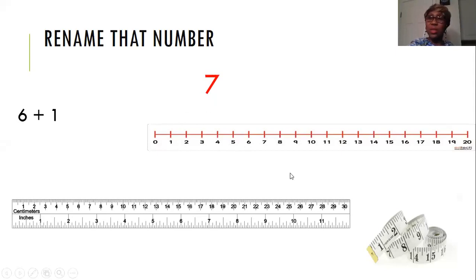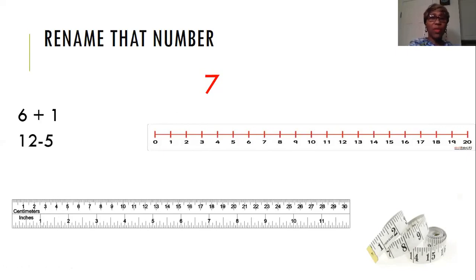Does 6 plus 1 equal 7? Let's hope. We have our number line. Remember, these are our tools. Don't forget that. 6 plus 1. We're going to go 6 plus 1. We're going to hop one time. 6 plus 1. Yes, it equals 7. That's our magic number today.